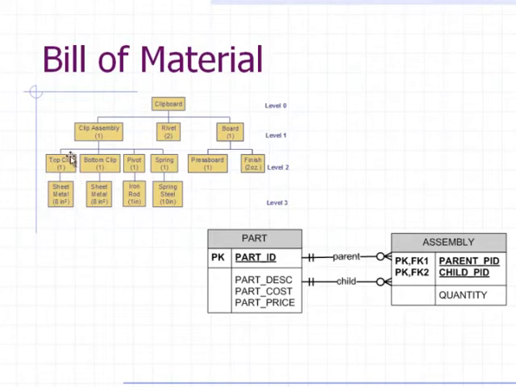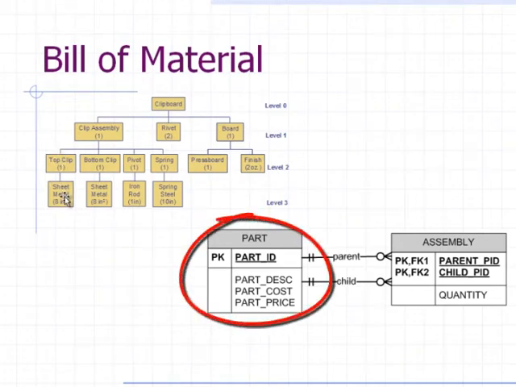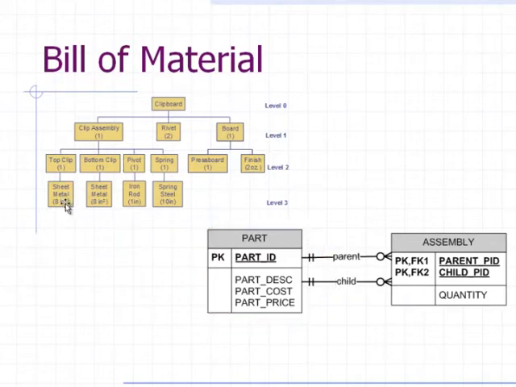So we have to describe this parent and child relationship, but top clip and sheet metal separately are just instances of your part entity, the part table. So therefore, physically one part table should be linked conceptually, one as a parent part, but the other as a child part.